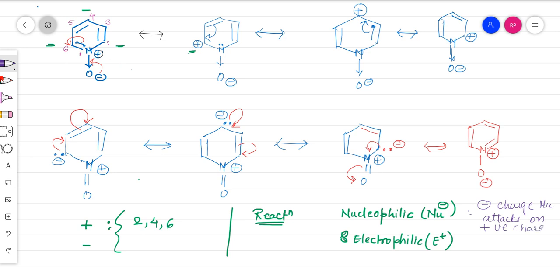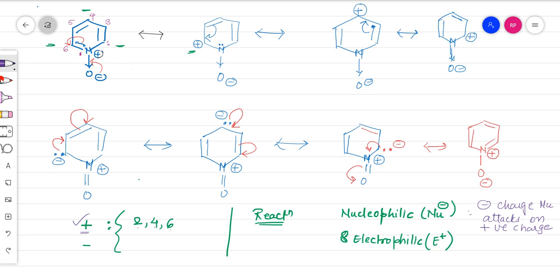Okay, now there is nothing on nitrogen; nitrogen is already exhausted after forming bonds, so no bond formation will take place on nitrogen. The bond formation will take place on the ring. So on the ring is there a positive charge? Yes, so nucleophilic substitution can take place, yes or no? And where is the positive charge? 2, 4, 6. That means nucleophilic substitution will take place at positions 2, 4, and 6.